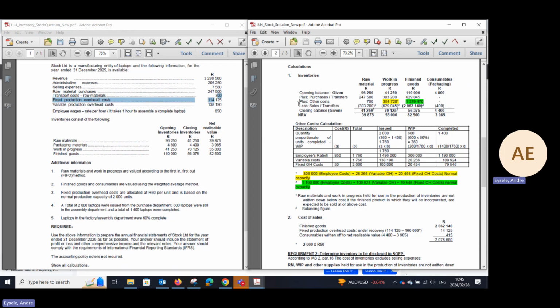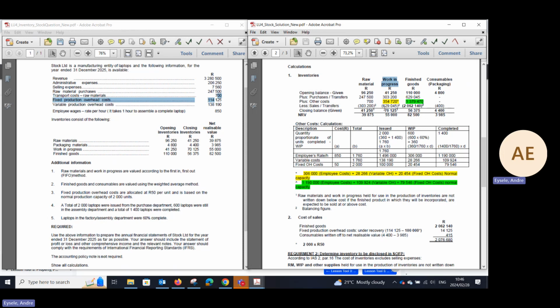Okay, so less the sales transfers. What we are doing here is taking the raw material cost and transferring it to the work in progress, the WIP. These are the costs that we use from the raw materials, and we just transfer them to the assembly department, the work in progress department.